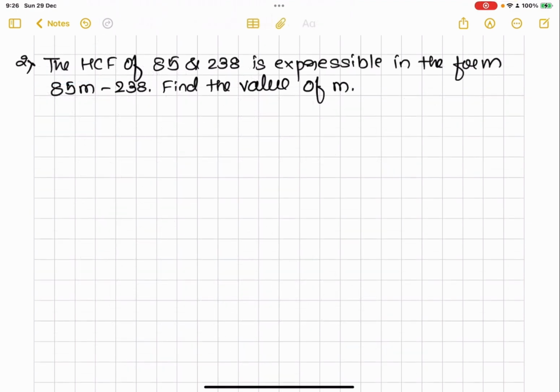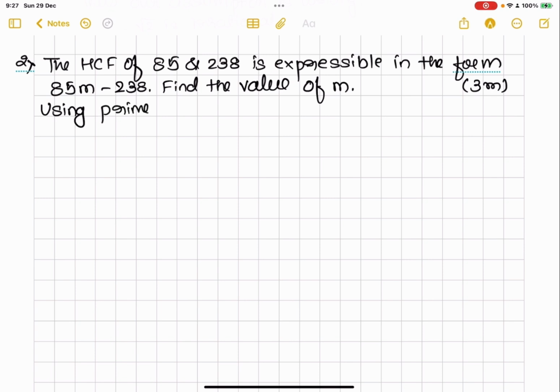Question 2 says the HCF of 85 and 238 is expressible in the form 85m minus 238. Find the value of m. This question is also of 3 marks, and here first of all I will be doing prime factorization.